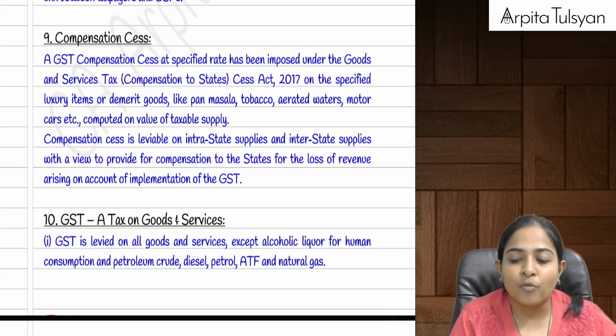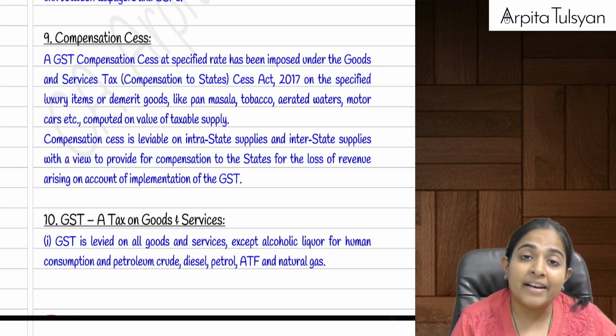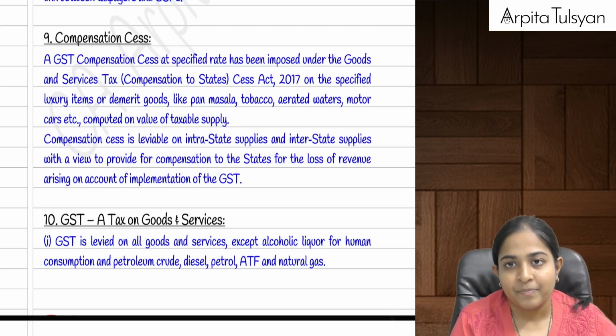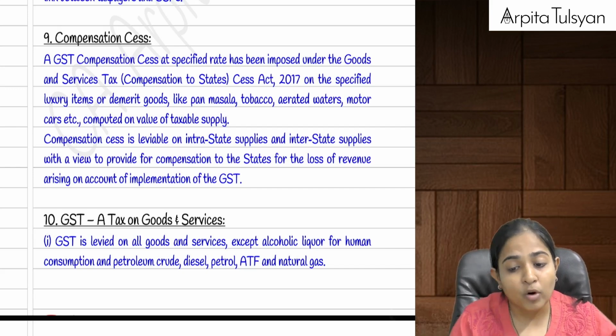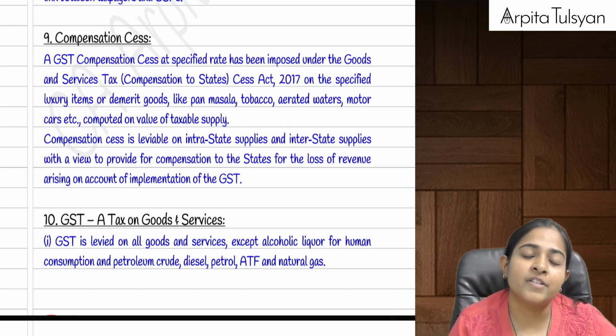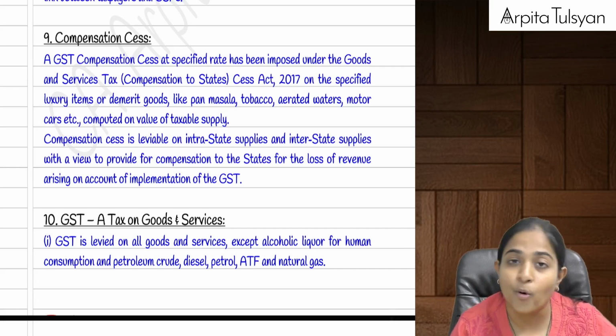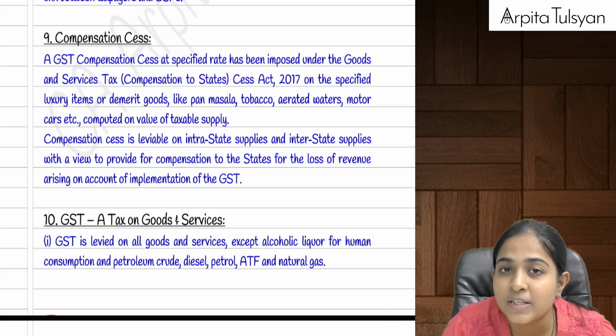Then in between, we had somewhere studied about this Compensation Cess Act. Earlier, the power to levy taxes on goods was there only with the states. Now the power to levy taxes on goods and services is being given to both the center as well as the state. So can I say the state is going to lose out on some revenue?